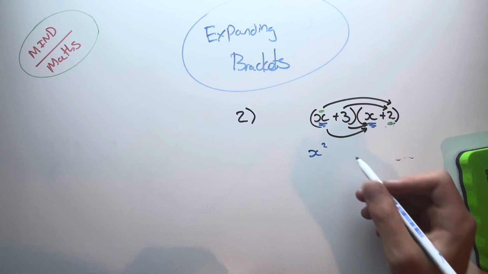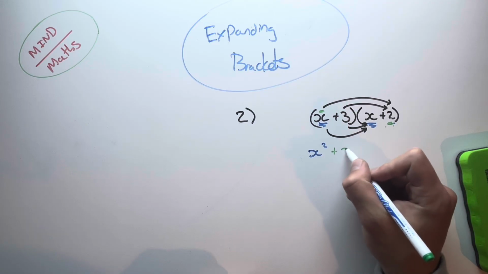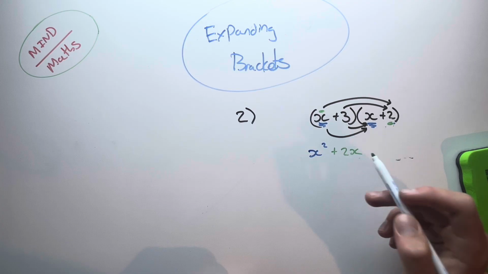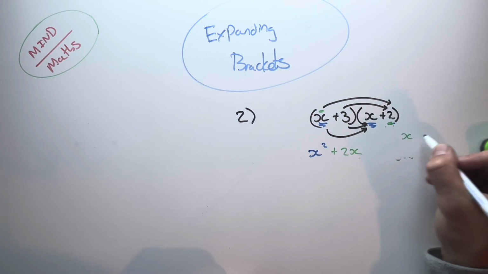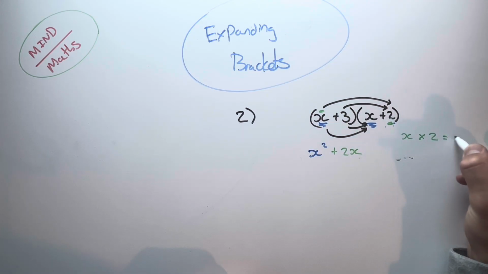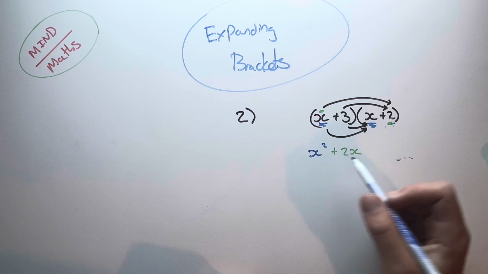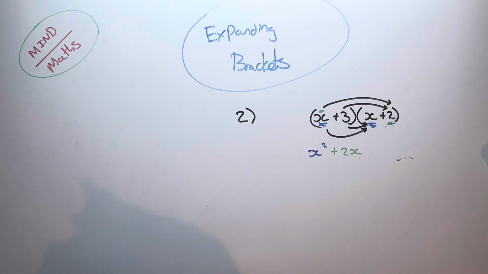So then you'll have plus 2x, as x times positive 2 is just 2x. So x squared plus 2x.